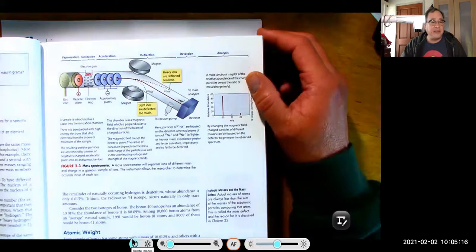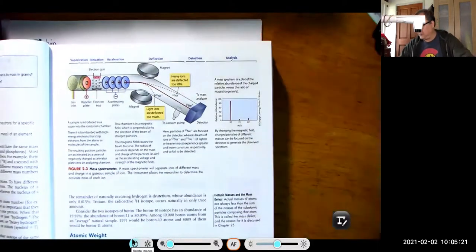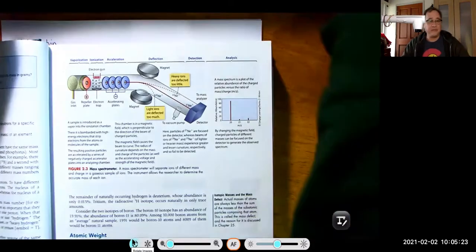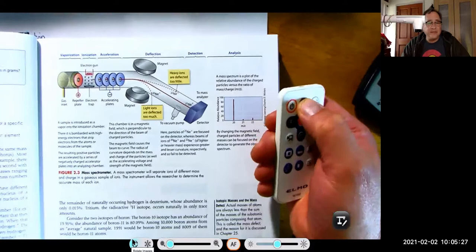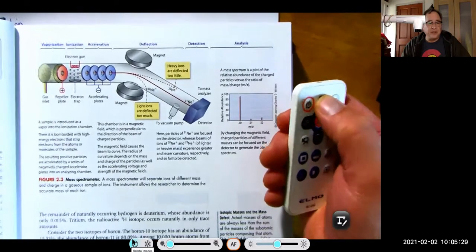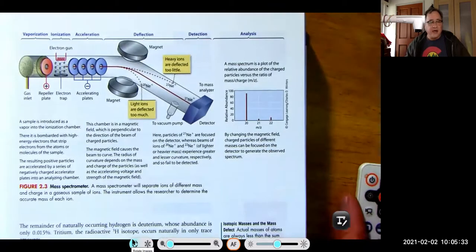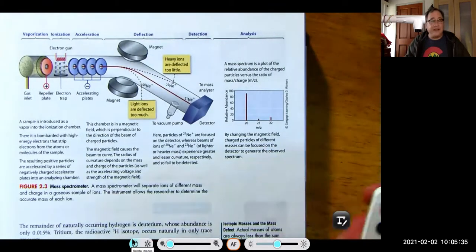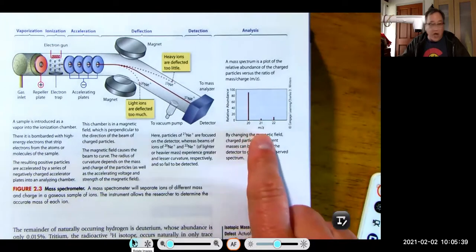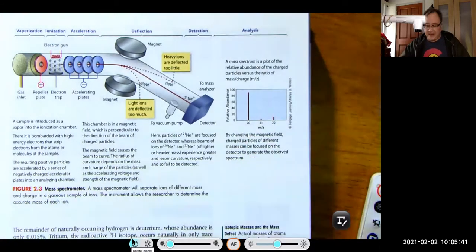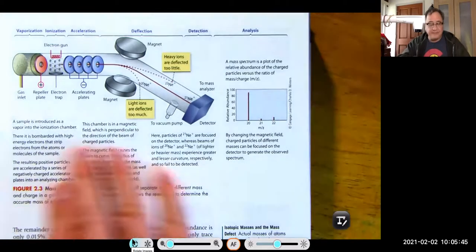So anytime I see an image that's hand-drawn and colored, I call it a cartoon. I'm going to zoom in on this just a little bit. I don't want to zoom in too much because I want you to be able to see certain things. I would like you to be able to see the cartoon of the mass spectrometer. I'd like you to see this spectrum or plot. And I'd like you to be able to read this as necessary.